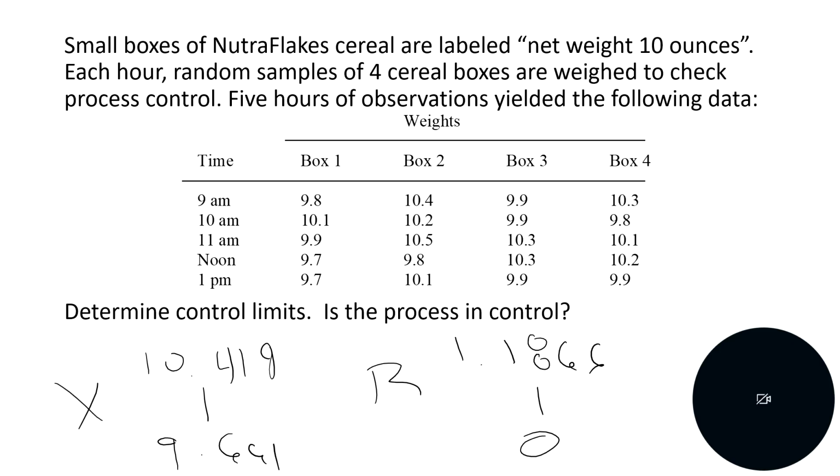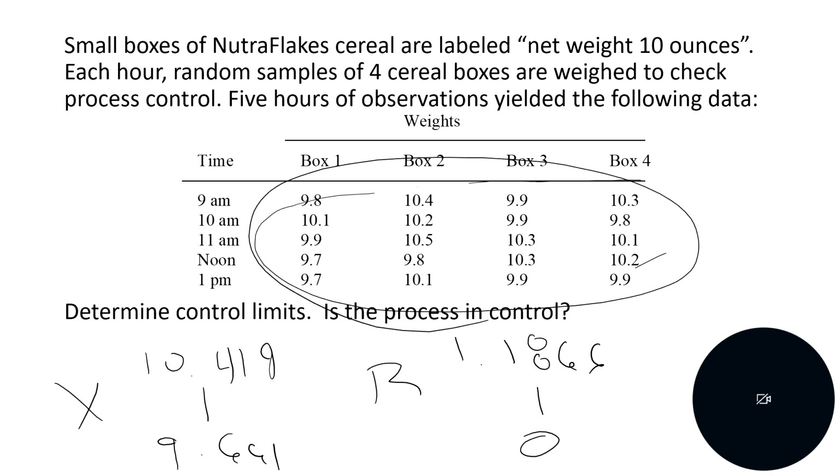Okay, so X is all of these. So we will know it's in control if, again, similar to last time, it's in this range. So 10.1 is safe, 9.8 is safe. I do not believe that there's any that go below that 9.6, which is a good thing.